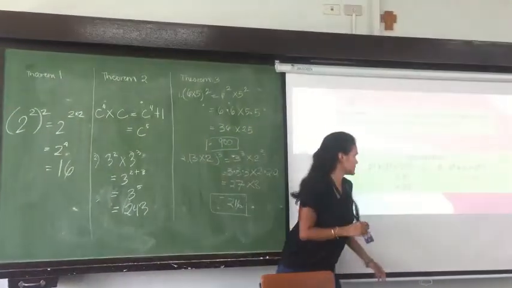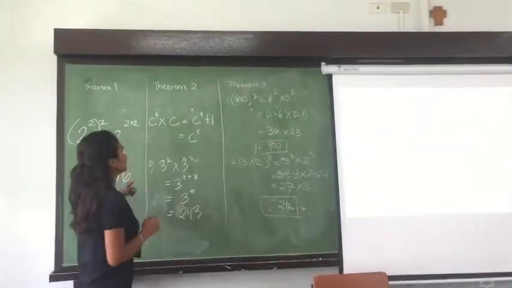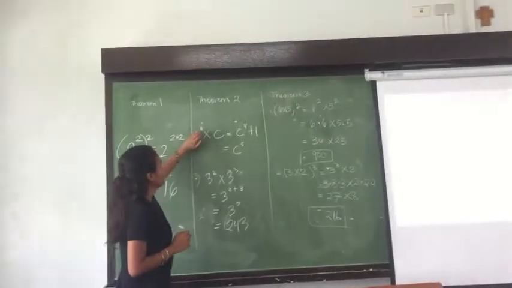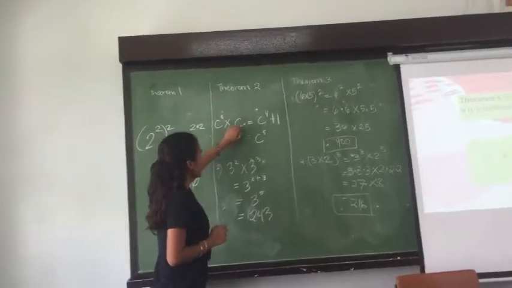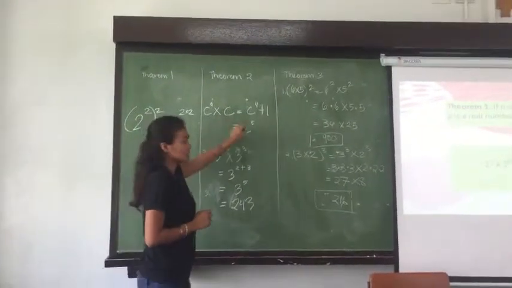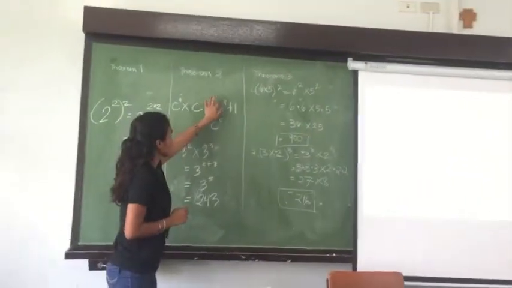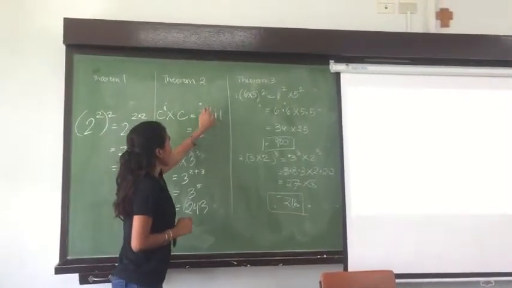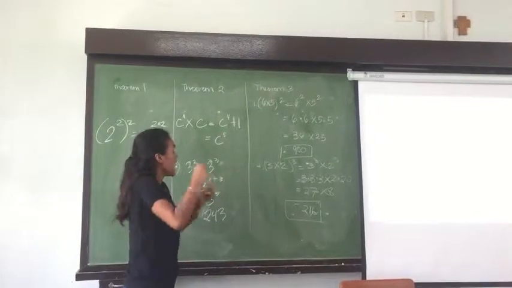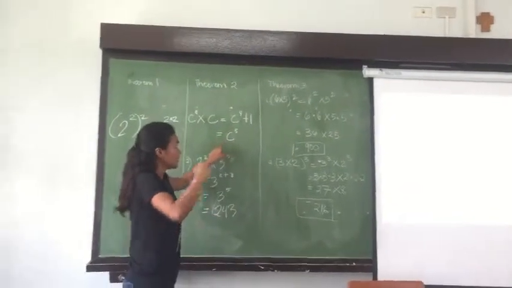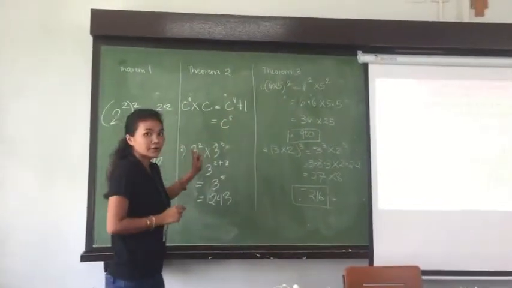For example, c to the power of 4 times c to the power of 1 equals c to the power of 4 plus 1. So you add the exponents, so it will become c to the power of 5.